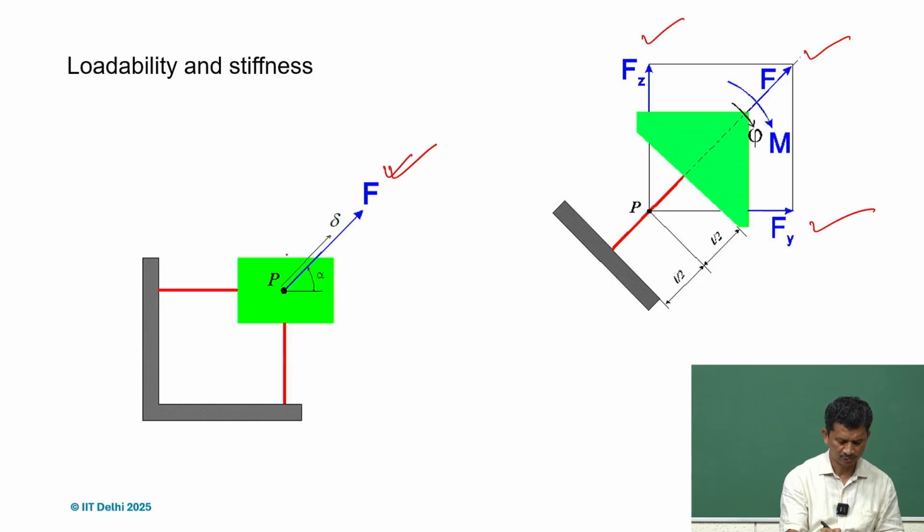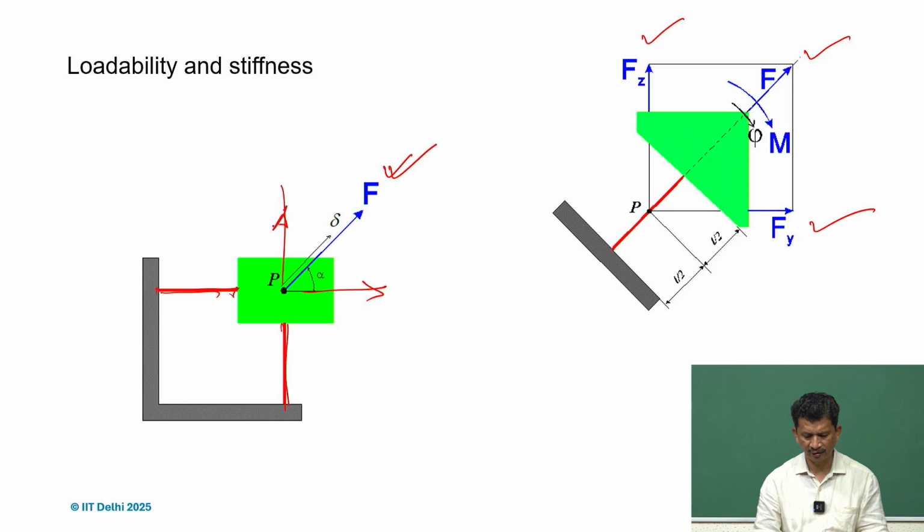So, one along Fy and the other one along Fz. So, for any load, we can always get the parts Fy and Fz along that, and it will take care of that. And then for any kind of moment, there will be associated deflection, and in that case, P will be the instantaneous center of rotation.